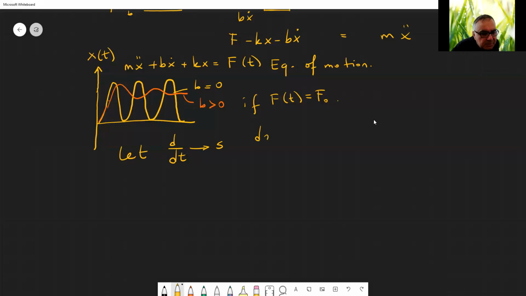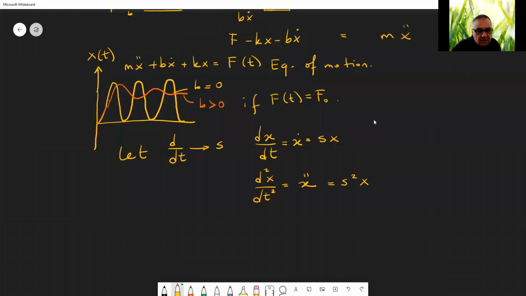So that, for example, dx/dt, which is x dot, will be equal to s times x. On the other hand, d squared x/dt squared is the second derivative, which is x double dot, as you know, in our notation. This will be s squared times x, second derivative.